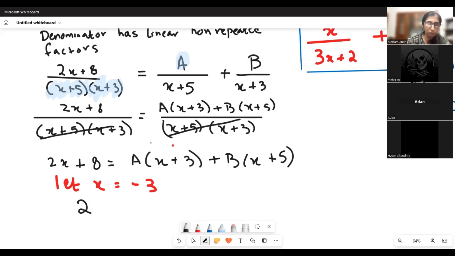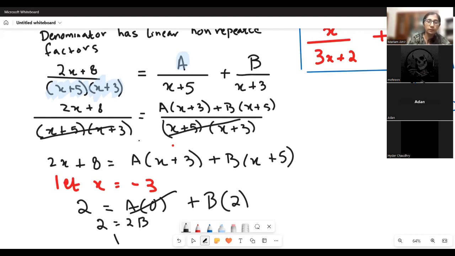So we have 2 equals A times 0, which is 0. A gets cancelled. Plus B times x plus 5, which is minus 3 plus 5, which is 2 again. So we're getting 2 equals 2B. That means B equals 1. So we got the value of B.